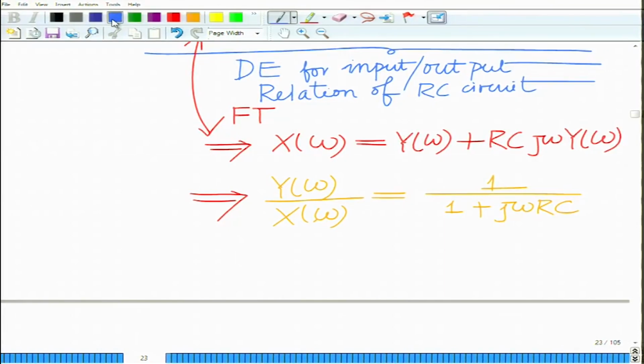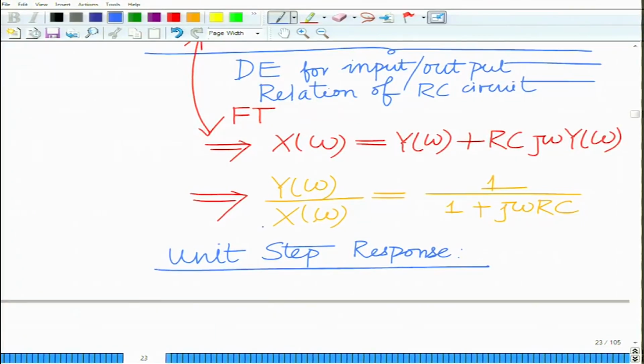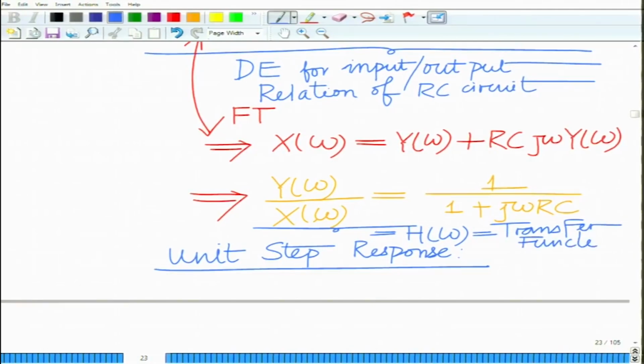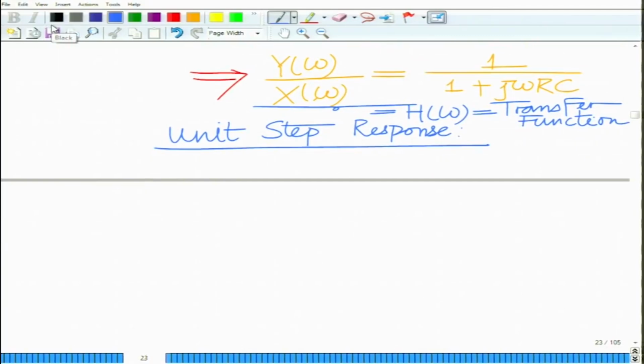Now, the unit step response can be found as follows. Remember this is equal to H(omega), the transfer function. Okay.